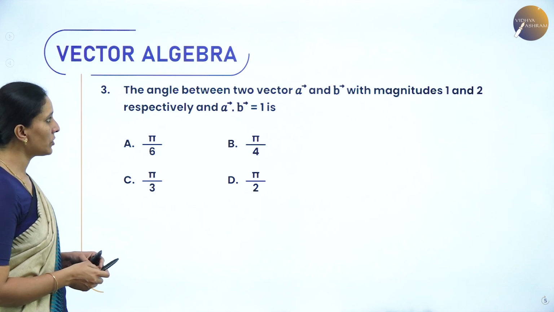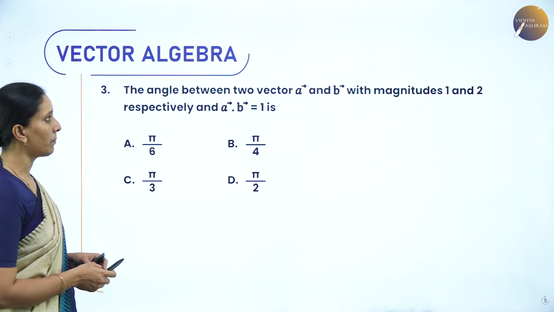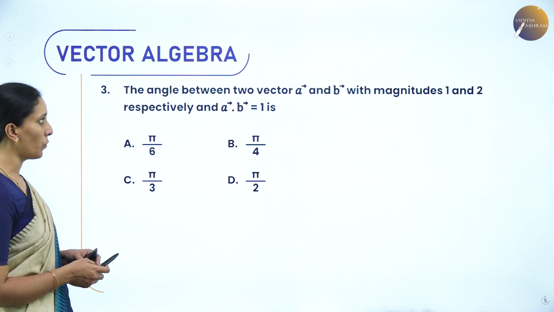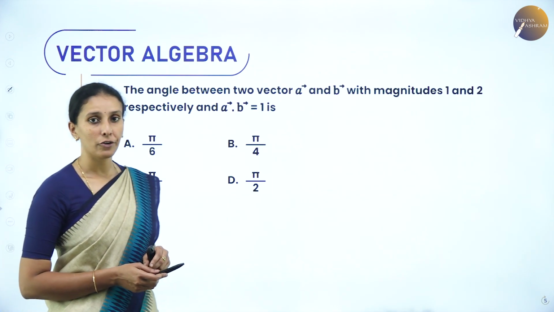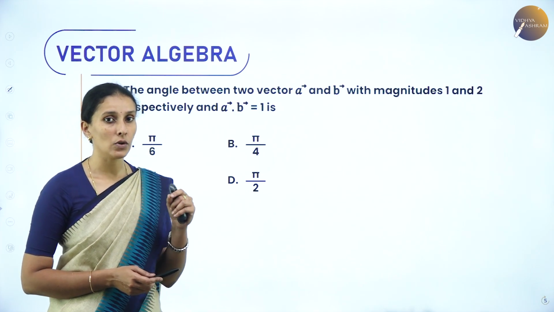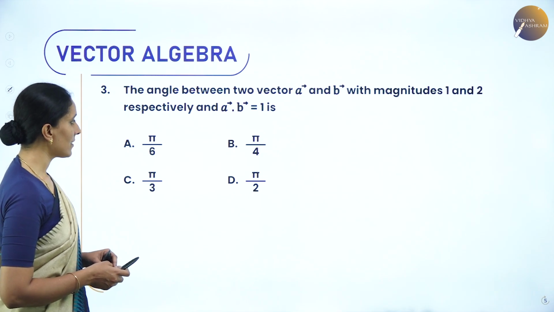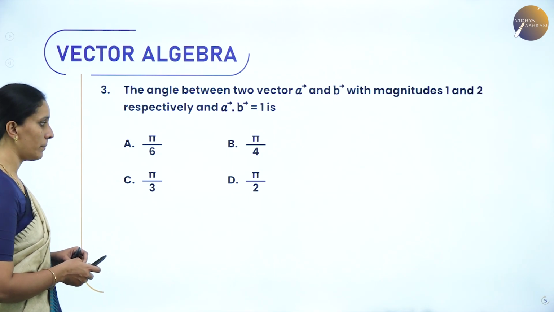Next, the angle between two vectors A and B with magnitudes 1 and 2 respectively and A dot B is equal to 1 is. Since the dot product of the vectors is given, we are finding the cosine of the angle between the vectors. Options are pi by 6, pi by 4, pi by 3, pi by 2.